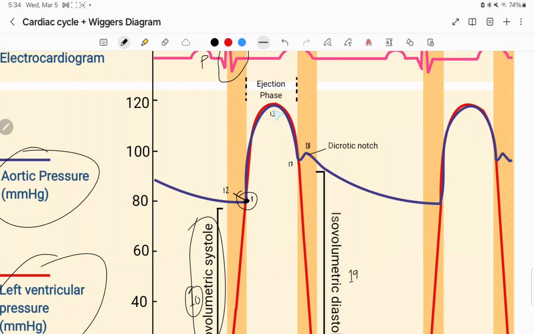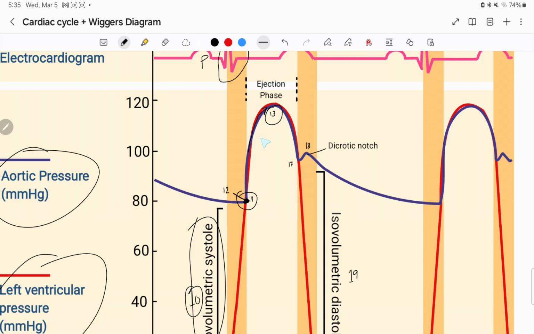And you can see the peak point here, number 13, where the aortic pressure is going to rise, right? That purple guy, aortic pressure, is going to rise. Why is it going to rise? Well, it's rising because I am pushing blood into it. I'm pushing blood from the left ventricle into the aorta, which is just a giant elastic tube.